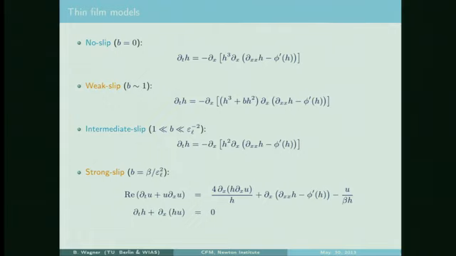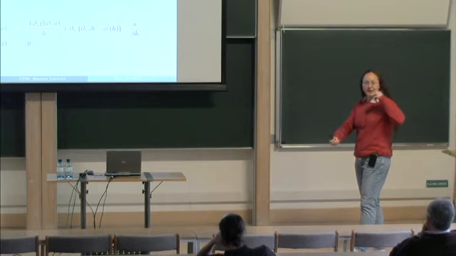This is no longer a scalar equation, but a system that couples the horizontal velocity u with the profile h of the film. If beta goes to infinity, you do recover another classical equation, namely the equation for a free film extending.